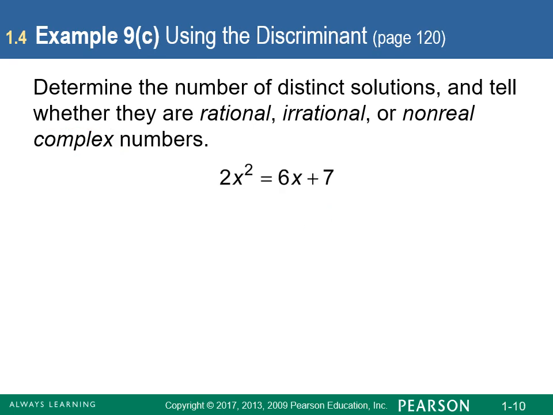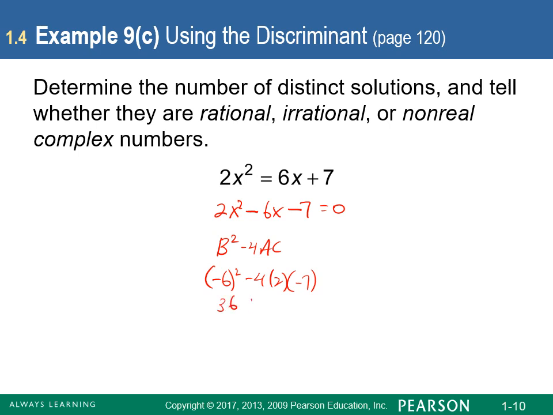Finally, when we put this in standard form, and do the discriminant, we get negative 6 squared, which comes out to be 36.